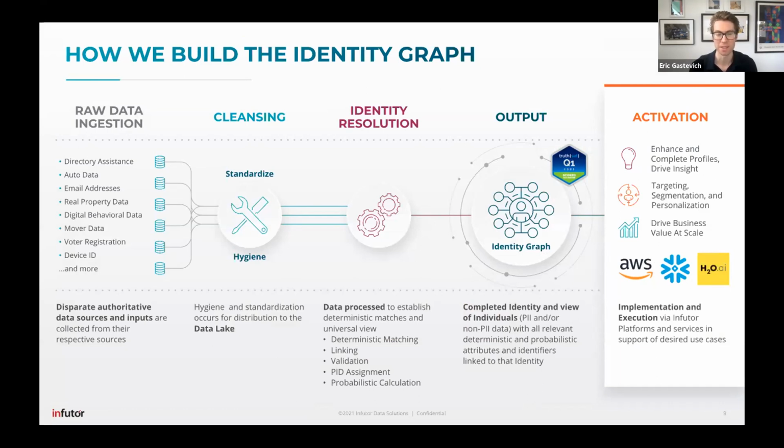We have full data sets. We have free trial data sets, all available on those marketplaces. And again, really happy to be early members and successful members of both AWS's data marketplace and Snowflake's as well.